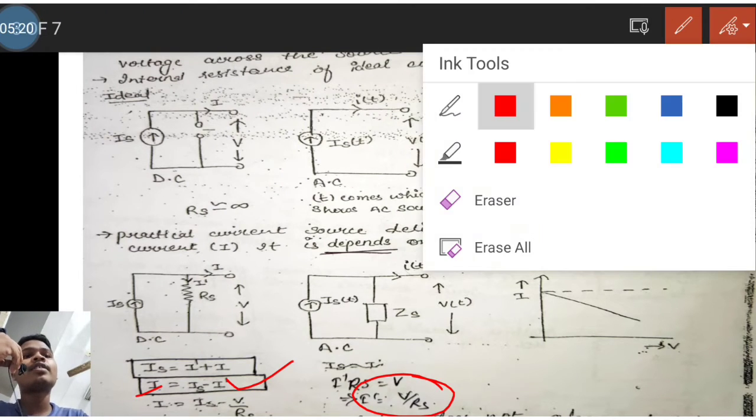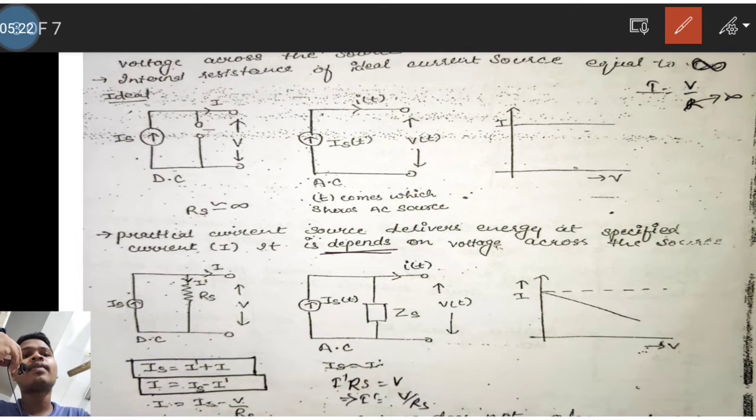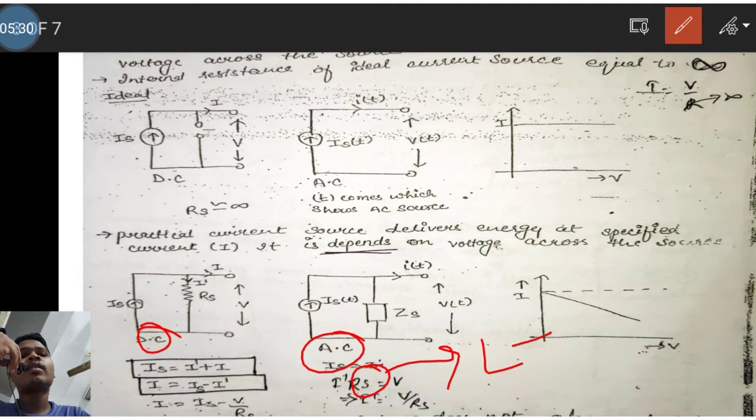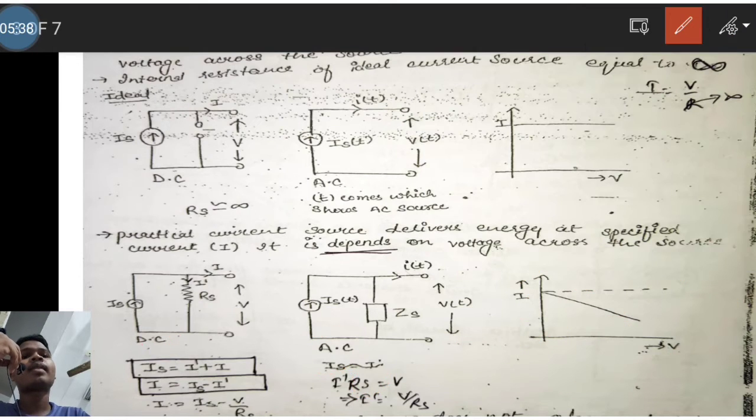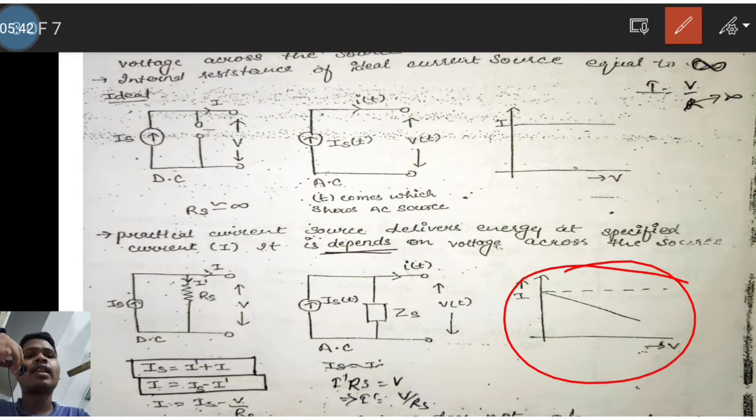This is the case of DC. In the case of AC, the resistance is replaced by the inductance, capacitance and resistance, so it is the combination of inductance, capacitance and resistance. The VI characteristic is like that, a non-linear characteristic.